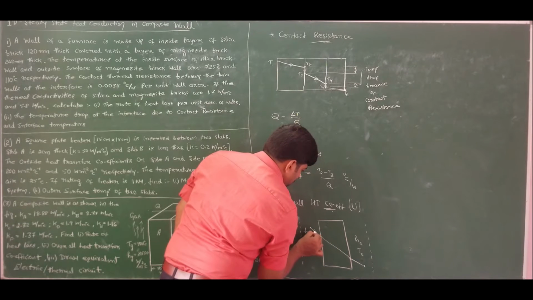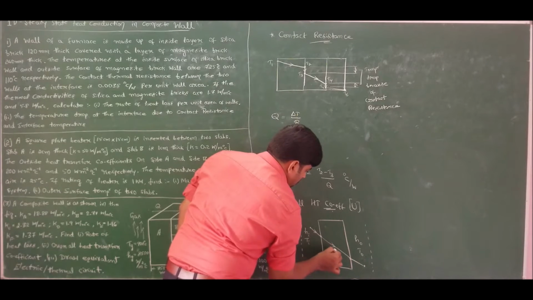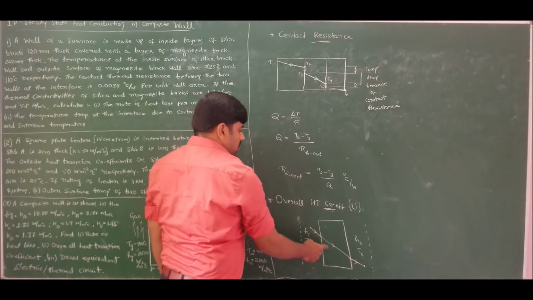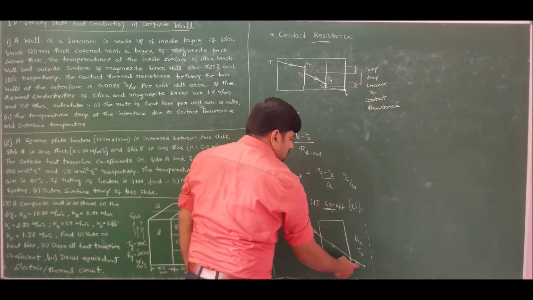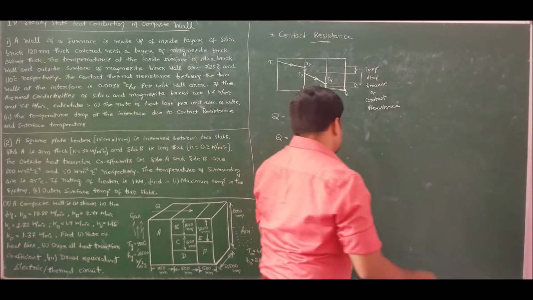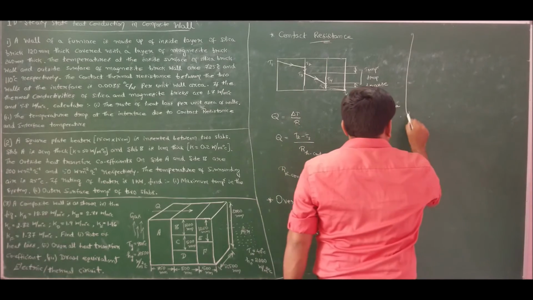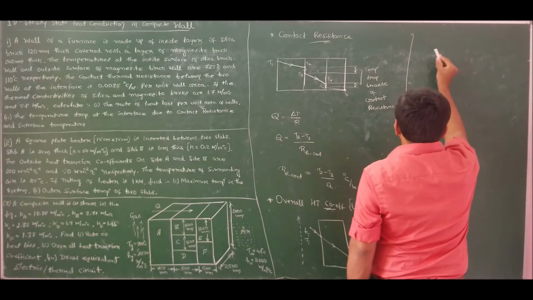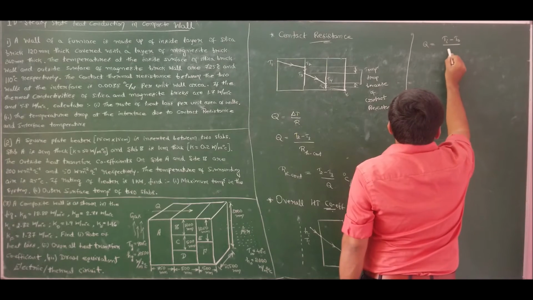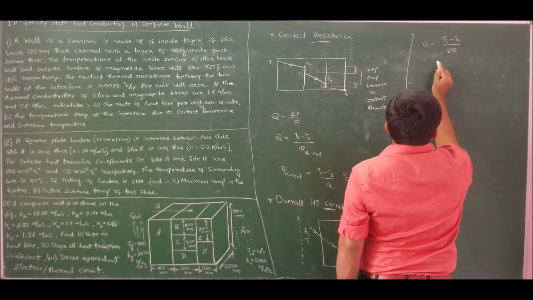Now, if you observe, we have three resistances in total: resistance due to convection, resistance due to conduction, and resistance due to convection again. So we usually write this as Q is equal to Ti minus To divided by the sum of resistances.